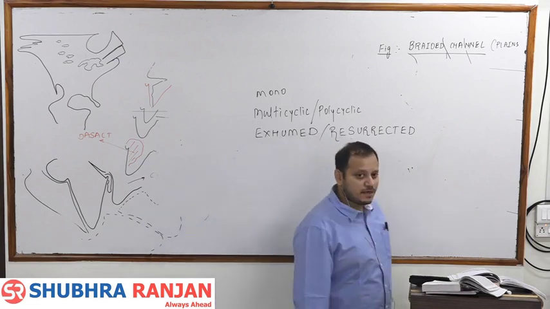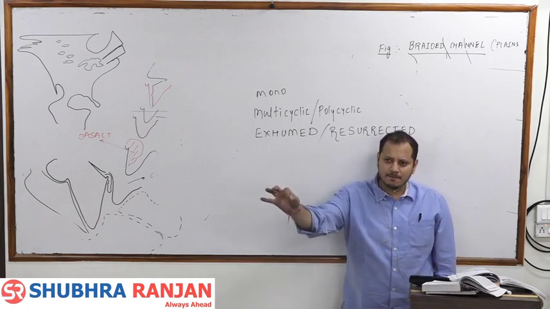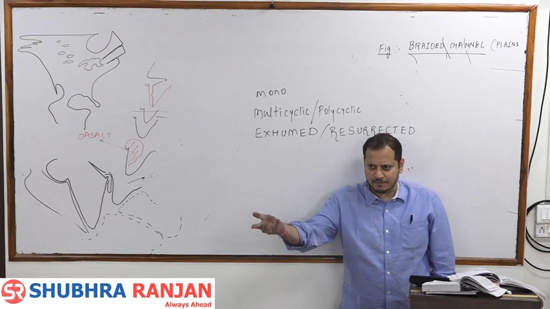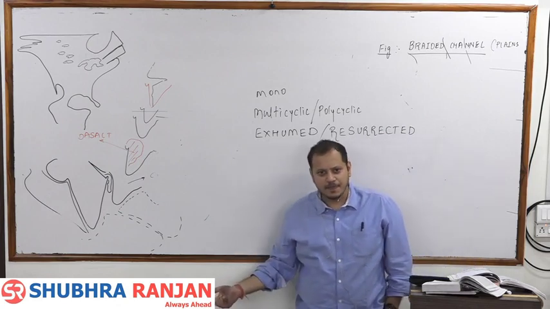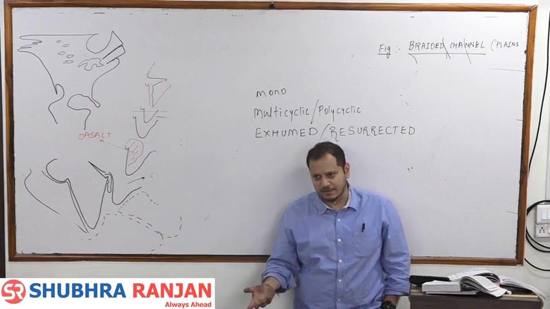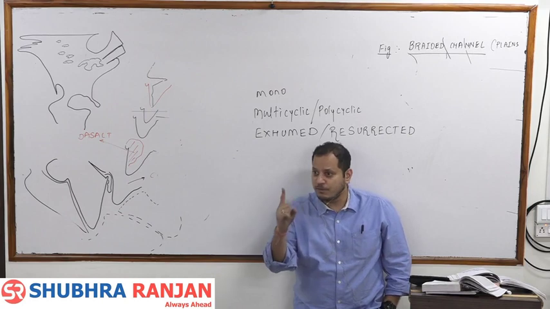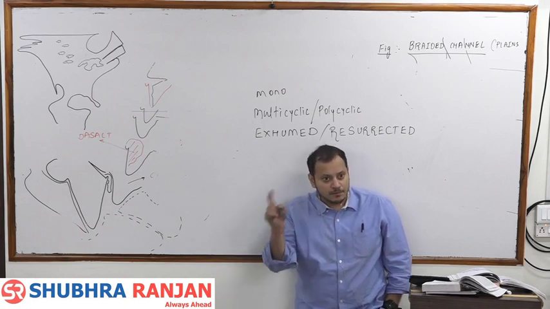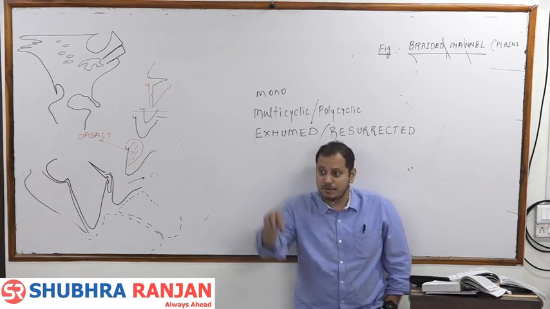So how many types of landforms? It is very simple. Simple landforms, then compound or complex landforms, then monocyclic, polycyclic, and fifth is resurrected. Simple landforms: only one geomorphic process is operating. Compound or complex landforms: more than one geomorphic process is operating.